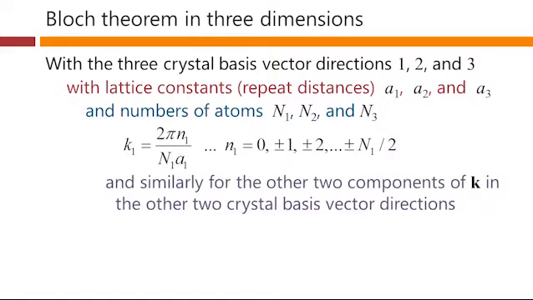And similarly for the 2 other components, k2 and k3, which would be the components of the vector k in the directions 1, 2, and 3, respectively.